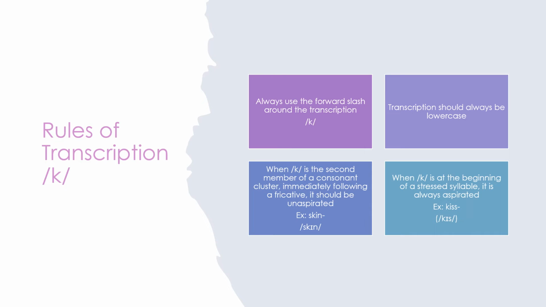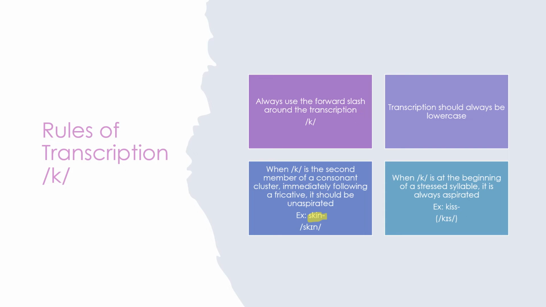So in this case, when I'm looking down here at my example skin, your stressed syllable is going to be up at the front with the S, and you're kind of grazing over the K. So when I say skin, you don't necessarily hear me enunciate on the K.